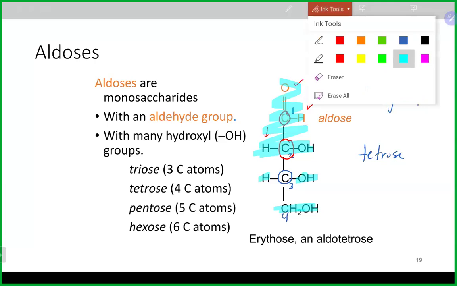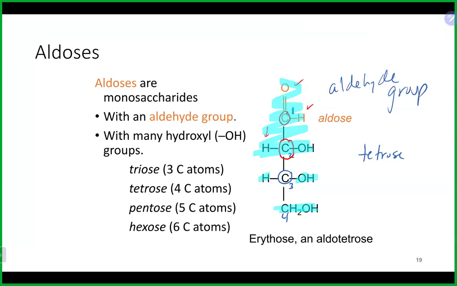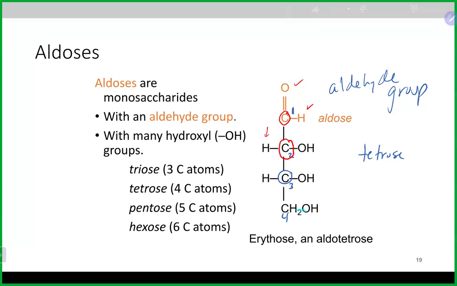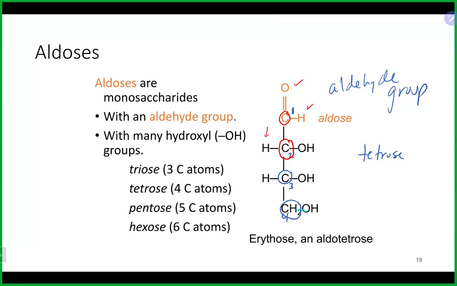Number four is not a chirocarbon, as it obviously has two hydrogens there, and that's going to prevent it from being chiral. First off, any questions on that? Say again? Yeah, it is not chiral. It's achiral, because it has these two hydrogens attached to that carbon.